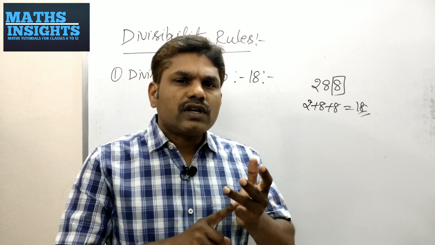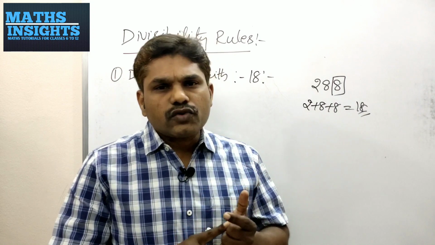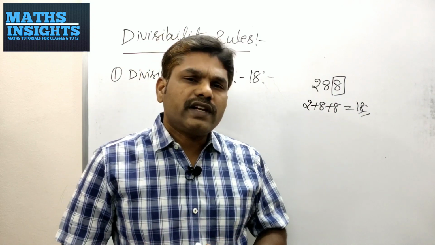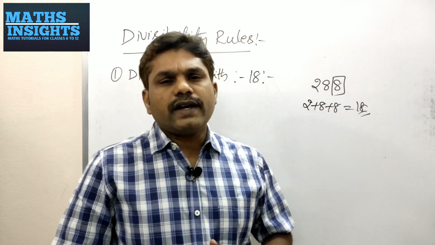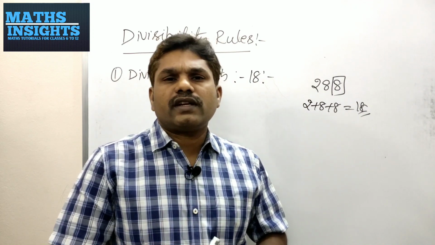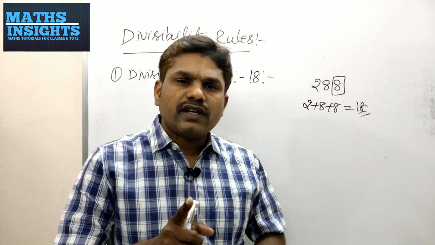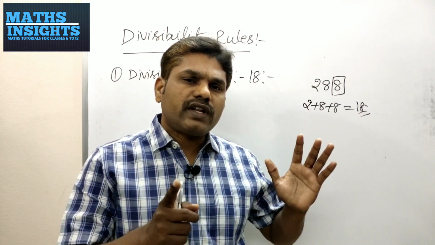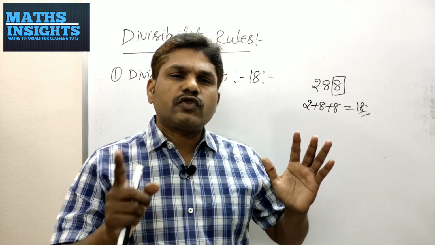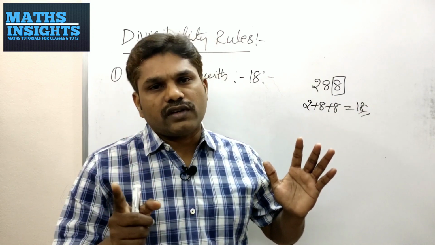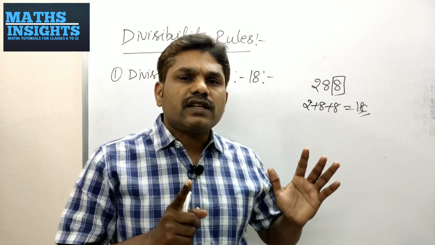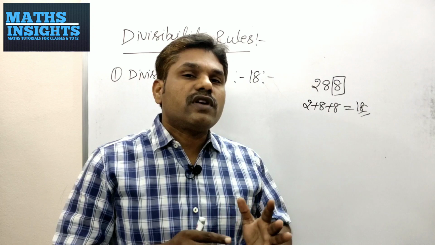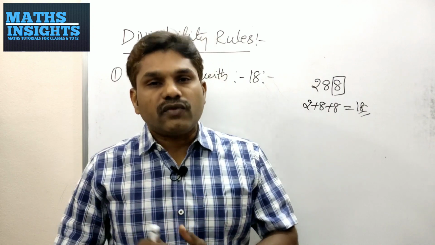And 4, 8, and 16 also share common features in their divisibility tests. And for 14, 18, and 15, you check divisibility by their factors. If you take 14, check whether it is divisible by 2 and 7. For 18, check 2 and 9. If you want to check 15, check the divisibility with 3 and 5.